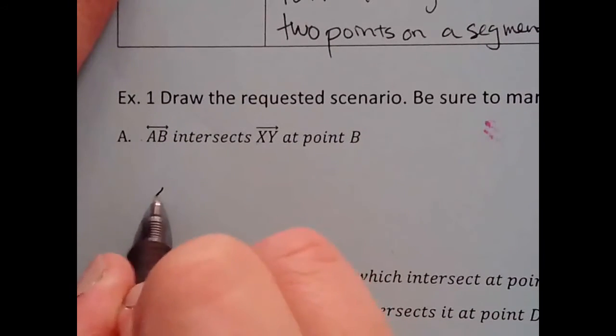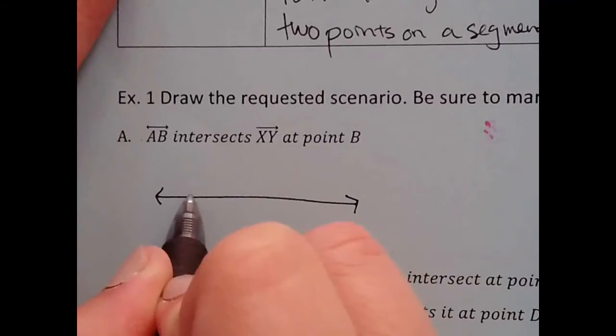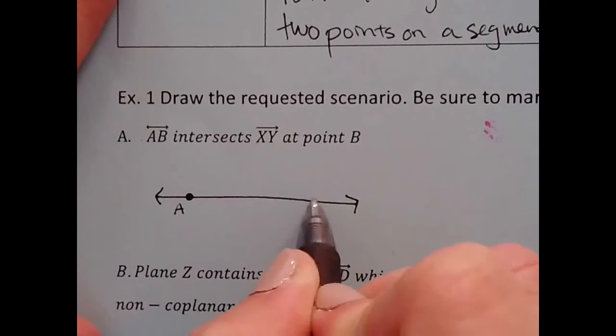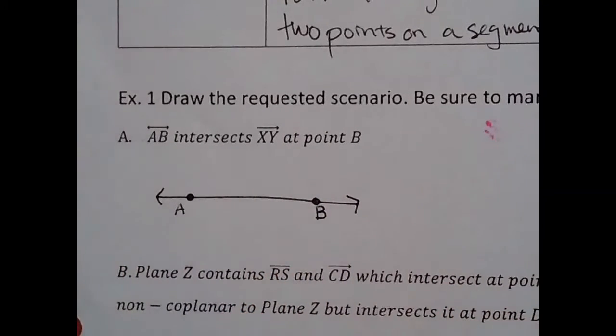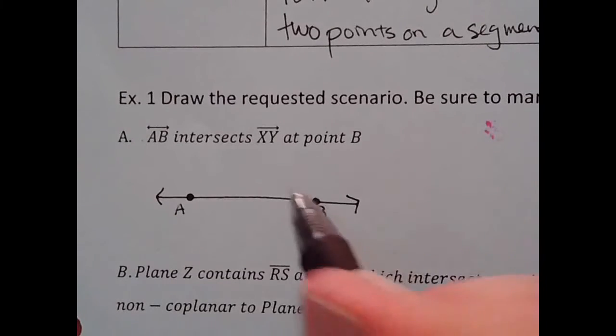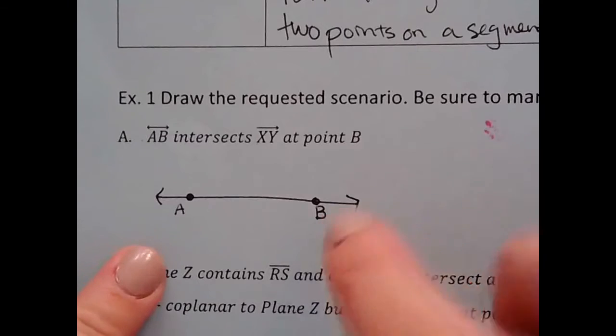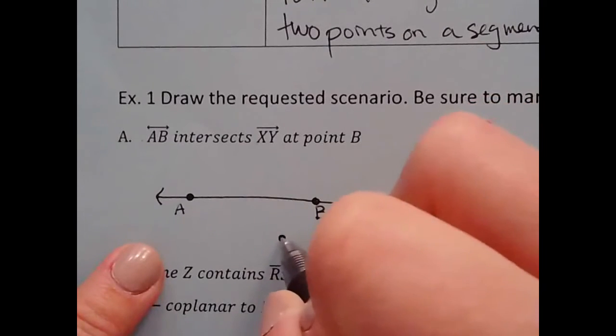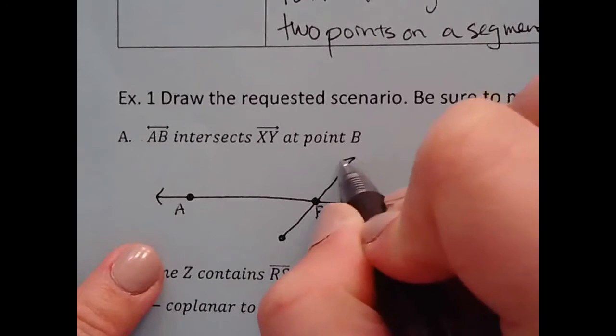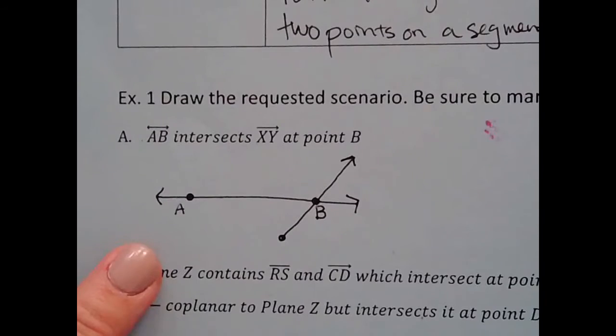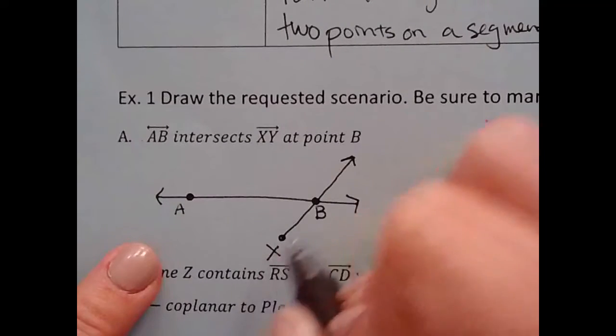AB is intersecting ray XY at point B. So XY is a ray, and it's going to be sharing point B. So I need a ray. Something like that. X is on one side. Y needs to be on the side with the arrow. B is the point where it is intersecting line AB.